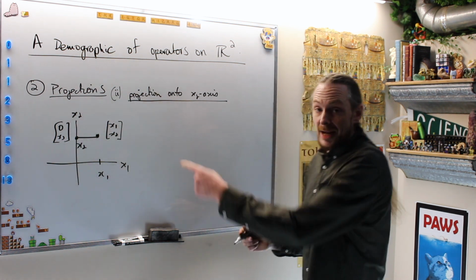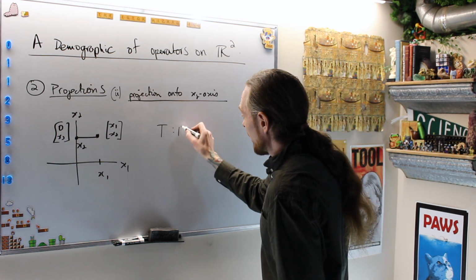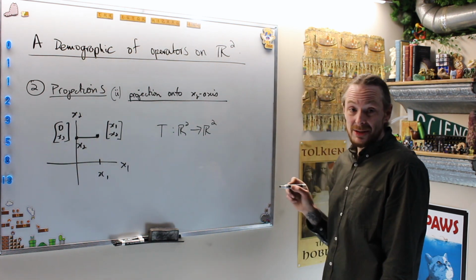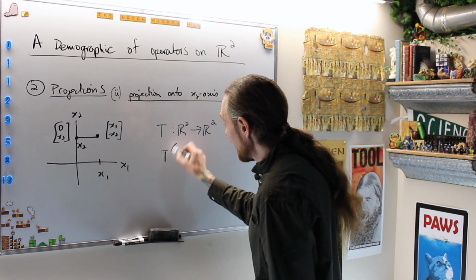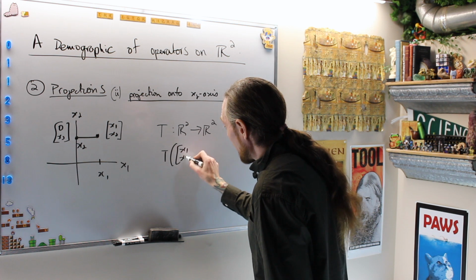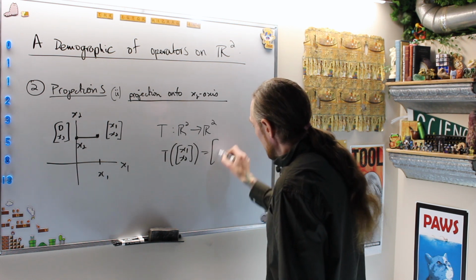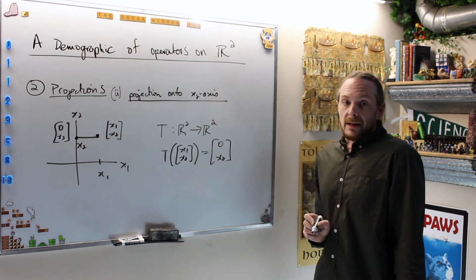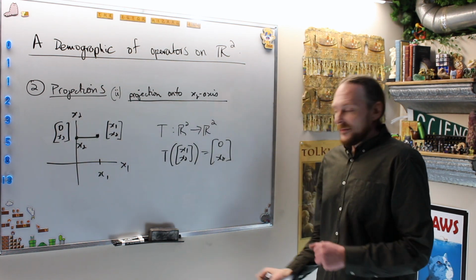From that geometric avatar, I now see the algebraic expression: the operator from R2 to R2 which orthogonally projects onto the X2 axis is given by T of X1, X2 equals 0, X2. And then this will be E2 in 2 dimensions.